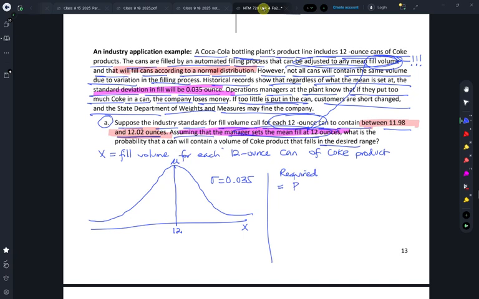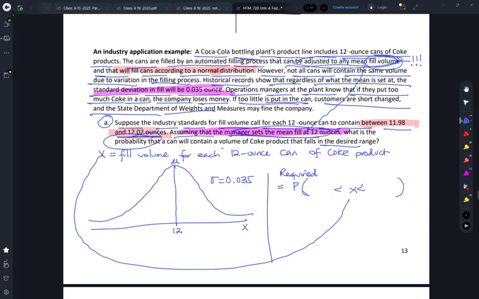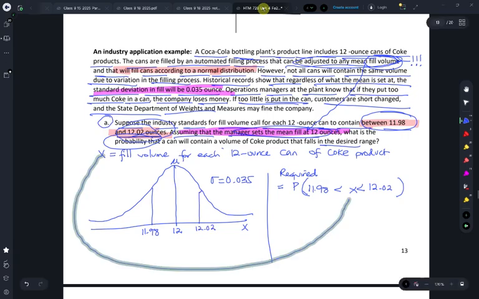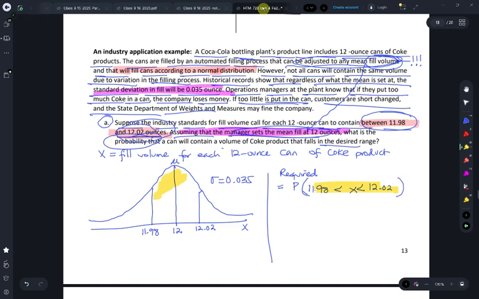What is required is to find the probability that a can will contain a volume that falls within the desired range. So X, the volume, falls between 11.98 and 12.02 ounces. I'm going to locate those values, and I have 12.02 ounces, and I'm interested in the probability sandwiched between those two values.